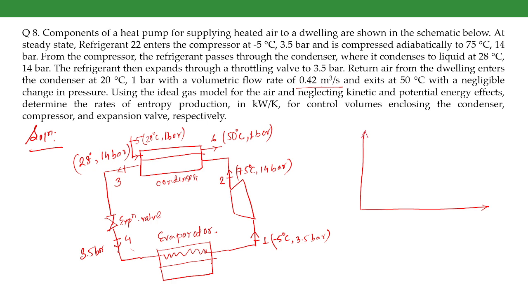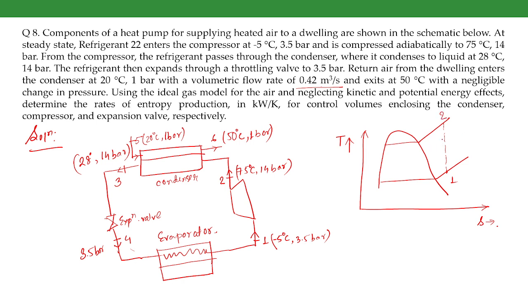Okay, let me draw the process in a TS diagram, TS plot, so that we can utilize this plot for the solution. So basically this is the TS plot in which it starts at the point 1, that is the entry point of the compressor, and it gets compressed till the state point 2. Now it may be isentropic, it may not be isentropic, we do not know that.